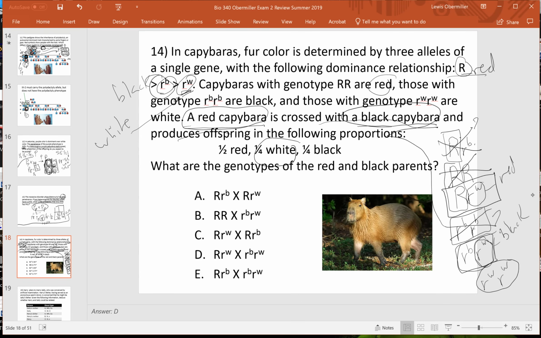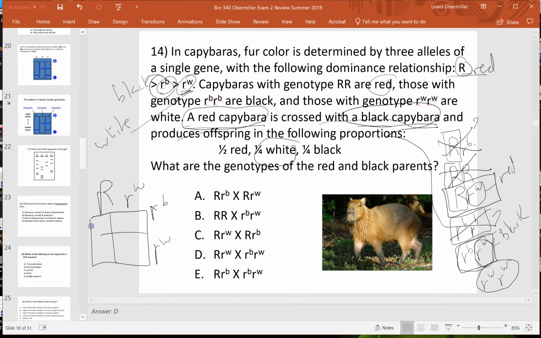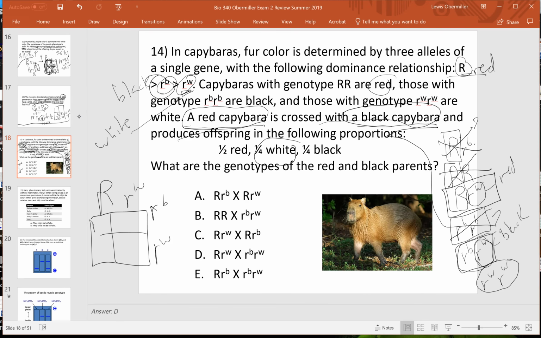And if we do the cross for their offspring, so I'm going to move over here. So we do big R and little rw, standard Punnett square. I'm going to do it on this side, though, because I can't write on the other side. This is little rb, and this is little rw. We do the cross, and this one would be big R, little rb. So what color would that one be? Red, right? This one is little rw, little rb.